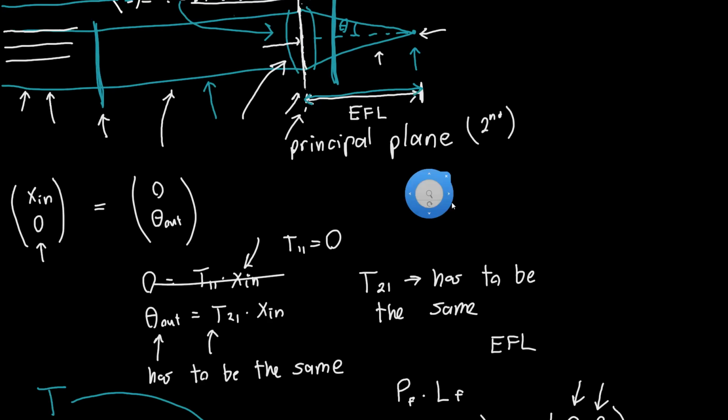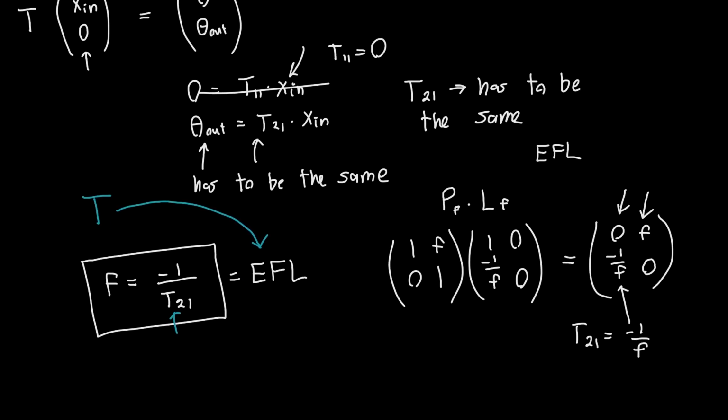Presumably you'll know that because when you've analyzed the system the first time, you'll find the focal point. And so just for completeness, we can write the location of the principal plane as our original focal point, which we calculated previously when we were analyzing some lens system, minus the effective focal length.